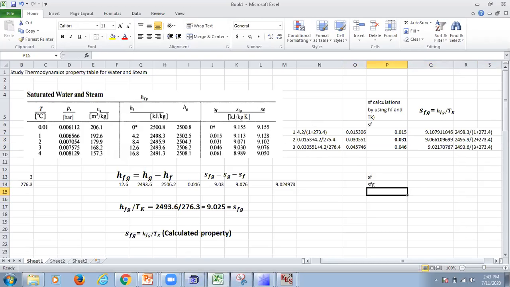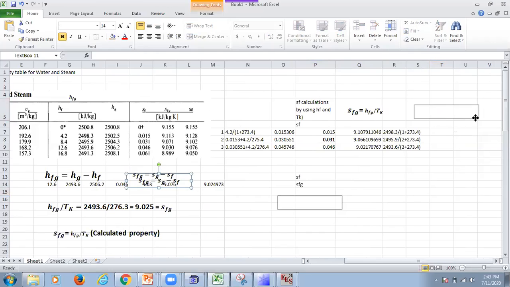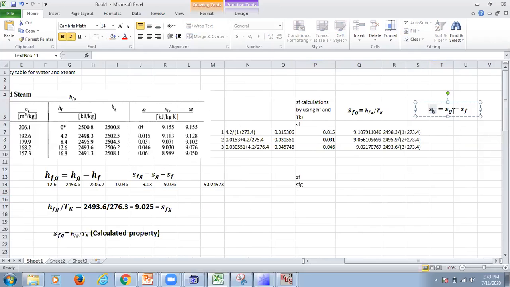And then once you know SF and SFG, SG can be calculated here using this formula. SG is SF plus SFG.